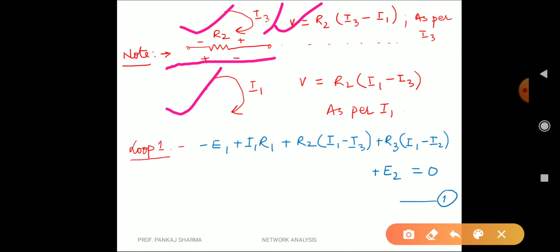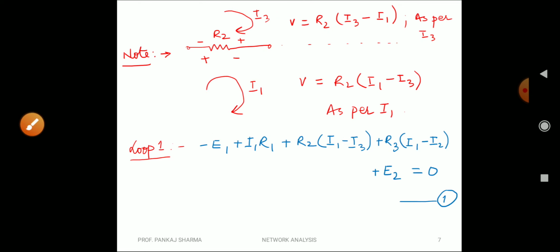What does it mean, predominate? This sign will hold good for other currents. When we are working in mesh number 1, the sign convention of mesh number 1 will hold good for the current of another mesh, like I3 here. Got my point?